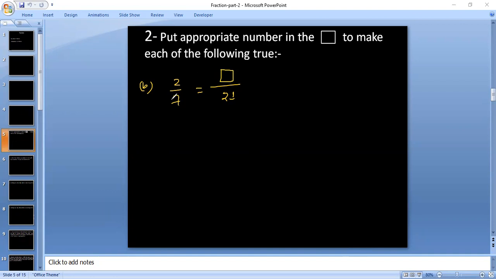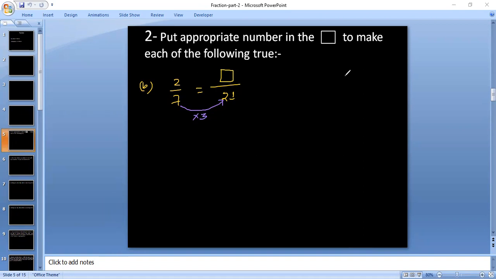Both denominators are present, so 7 was converted to 21. How did 7 become 21? Only when you multiply by 3.